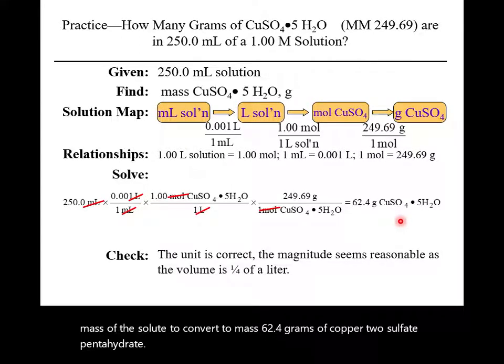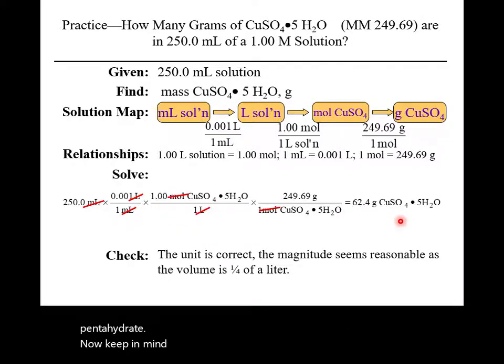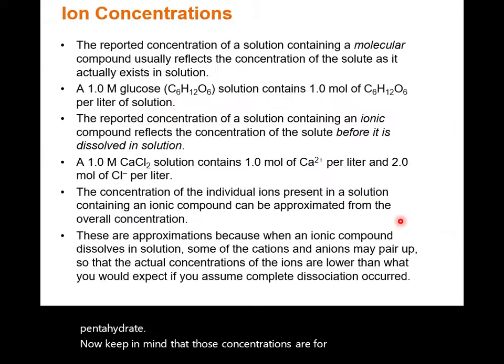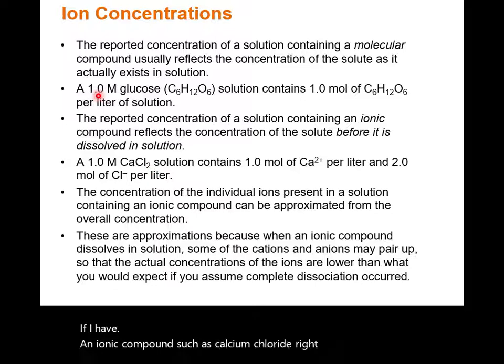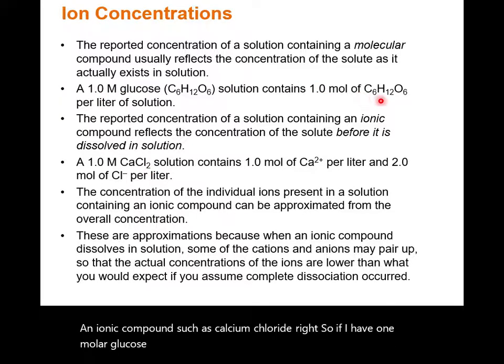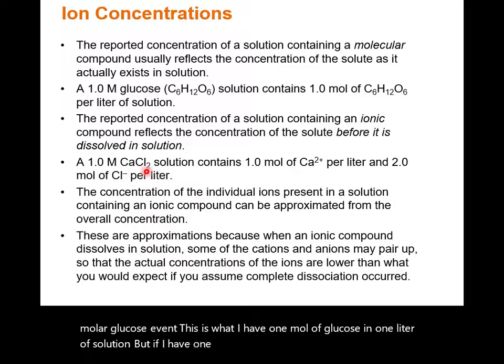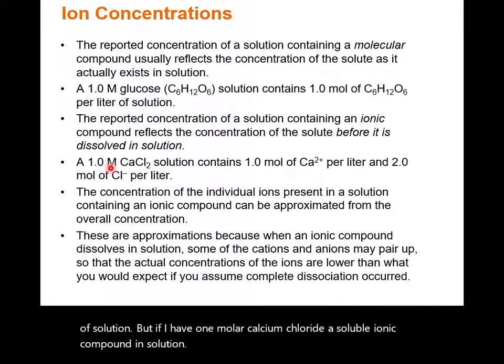Now keep in mind that those concentrations are for compounds. But if I have an ionic compound, such as calcium chloride, right? If I have 1 molar glucose, then I have 1 mole of glucose in 1 liter of solution. But if I have 1 molar calcium chloride, a soluble ionic compound in solution, the ions themselves are going to separate.